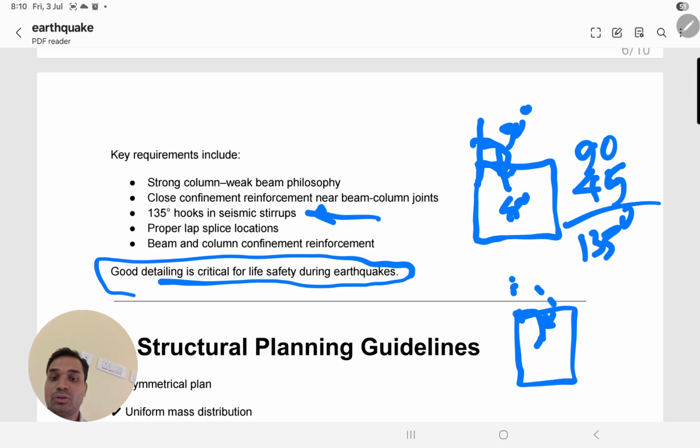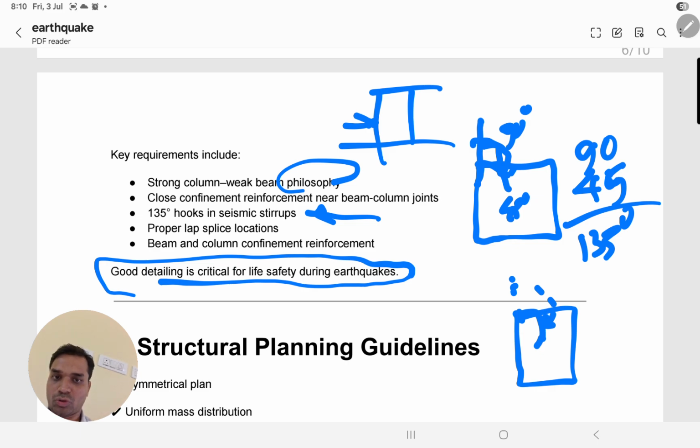And then the philosophy. The philosophy is that the column must be in the strong zone and the beam in the weak zone. This is a simple philosophy while considering the design parameters.